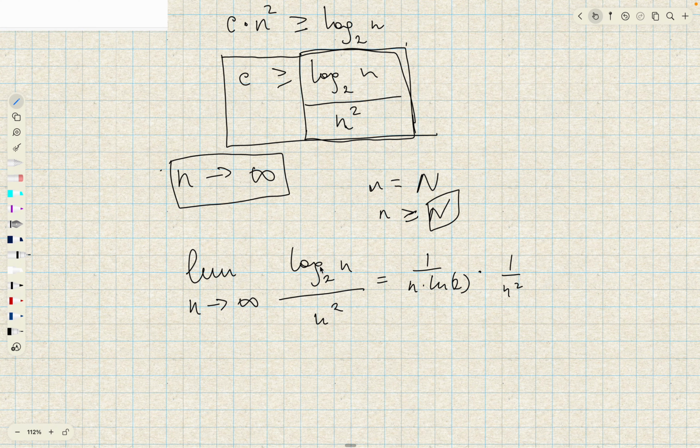What we're actually using is L'Hôpital's rule. I'm not sure of the name. The theorem says that if we take the derivative of the numerator and the denominator, the limit should be the same.